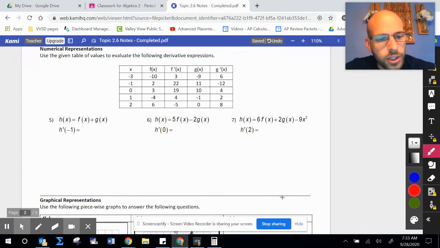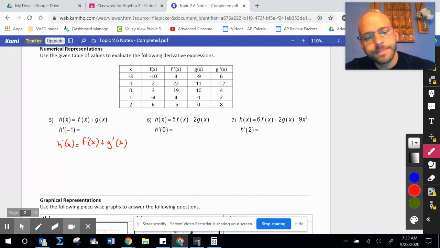So first, if I want h prime of -1, I want to know what h prime of x is going to be first, and that's going to be f prime of x plus g prime of x, okay? Because I could just take the derivative of each of those separately.